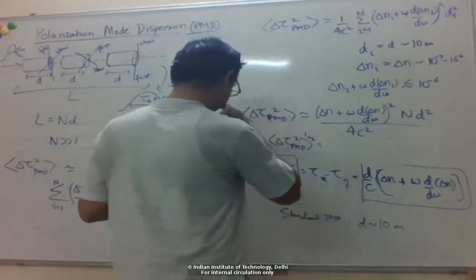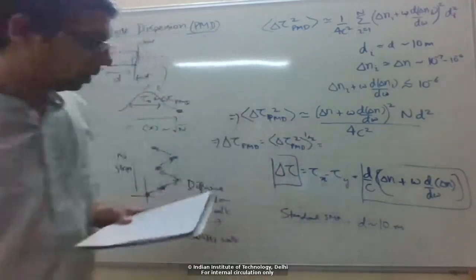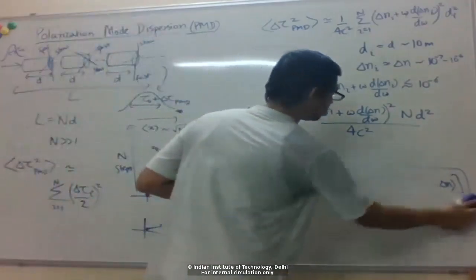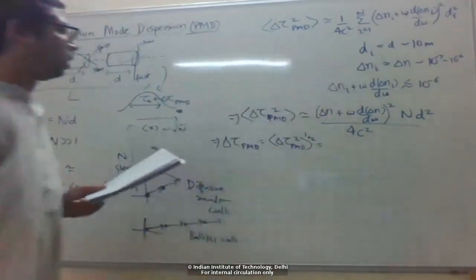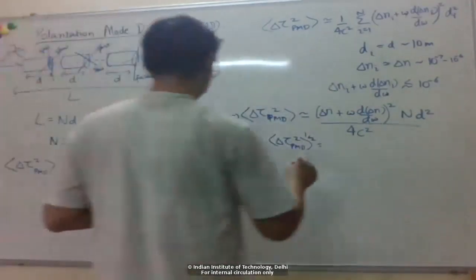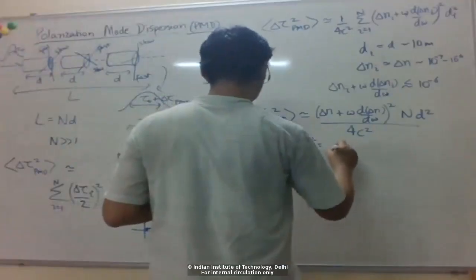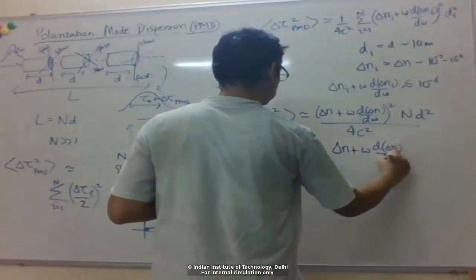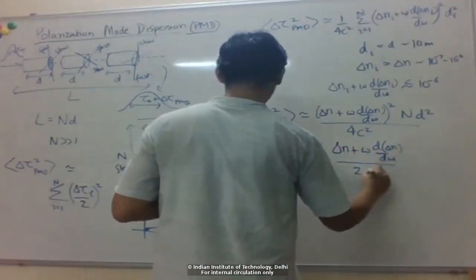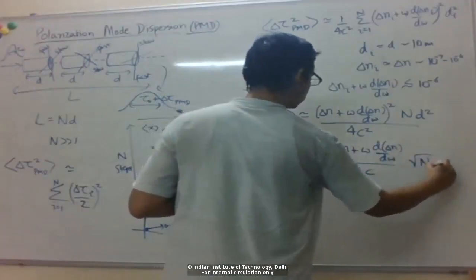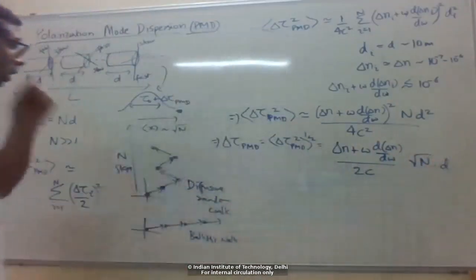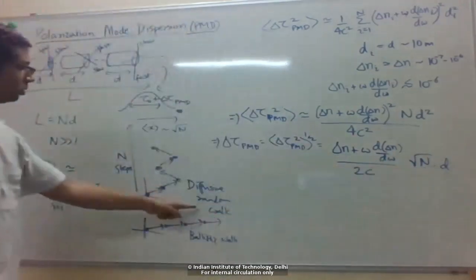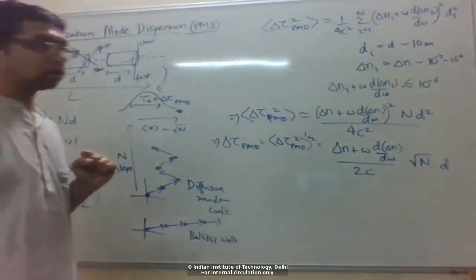So you can see that you get the square root of n dependence that we talked about for the diffusion.